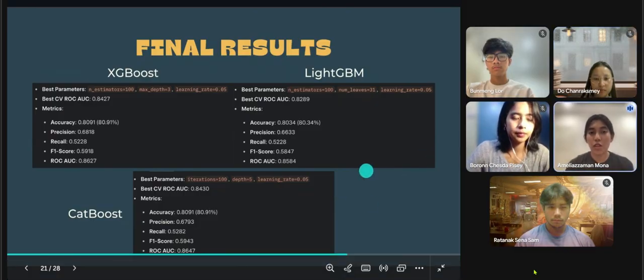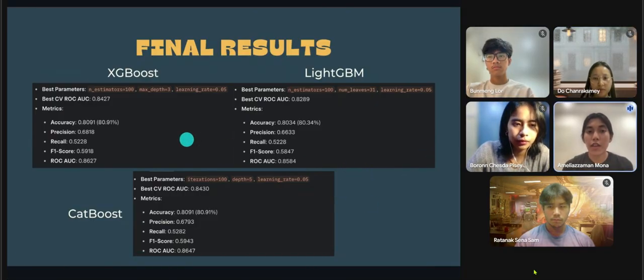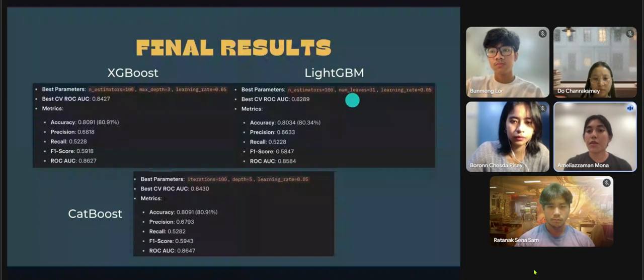Onto the final results of the models. For XGBoost, the best parameters are n_estimators equal to 100, max depth equal to 3, and learning rate equal to 0.05. The LightGBM model best parameters are n_estimators equal to 100, number of leaves equal to 31, and a learning rate equal to 0.05.